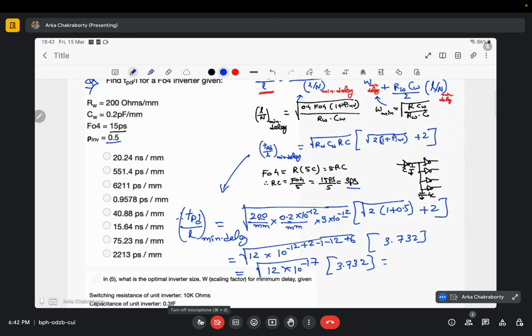So give me a minute, let me see how much it comes. 12 into 10 to the power minus 17. It is coming as 4.088 into 10 to the power minus 13.